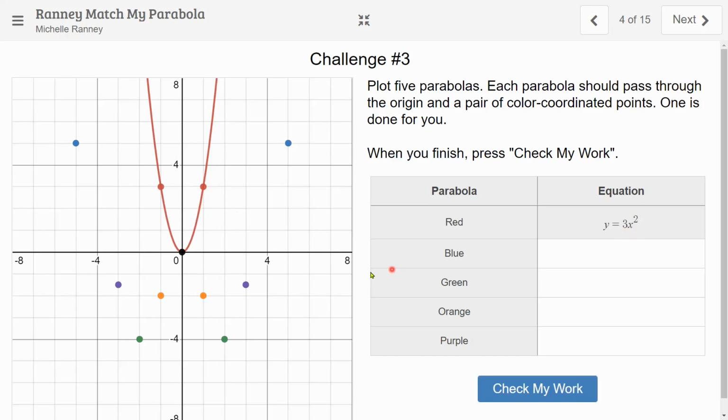So when I'm trying to do my blue one, let me just get the value here. I'm at 5, 5. If I go out 1, 2, 3, 4, 5, 5 squared is 25. I should be going up a height of 25, but I'm not. I'm only going up 5.